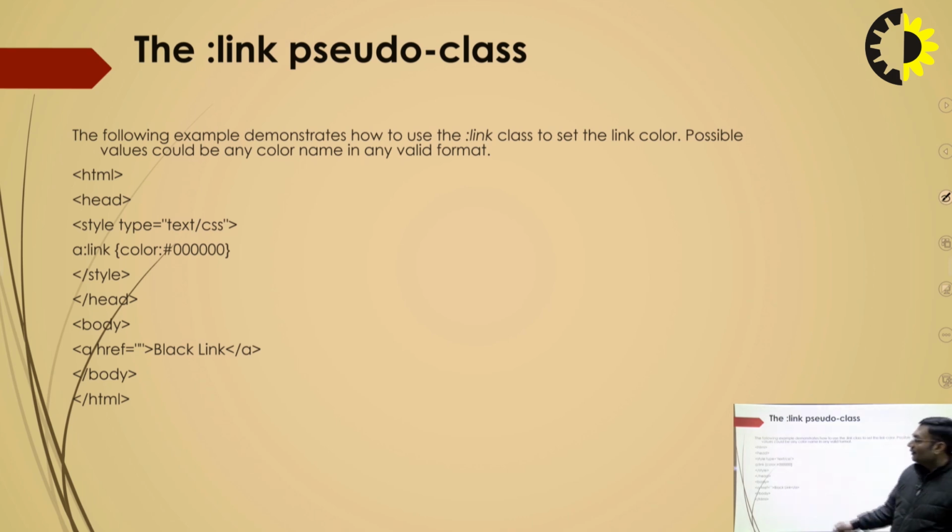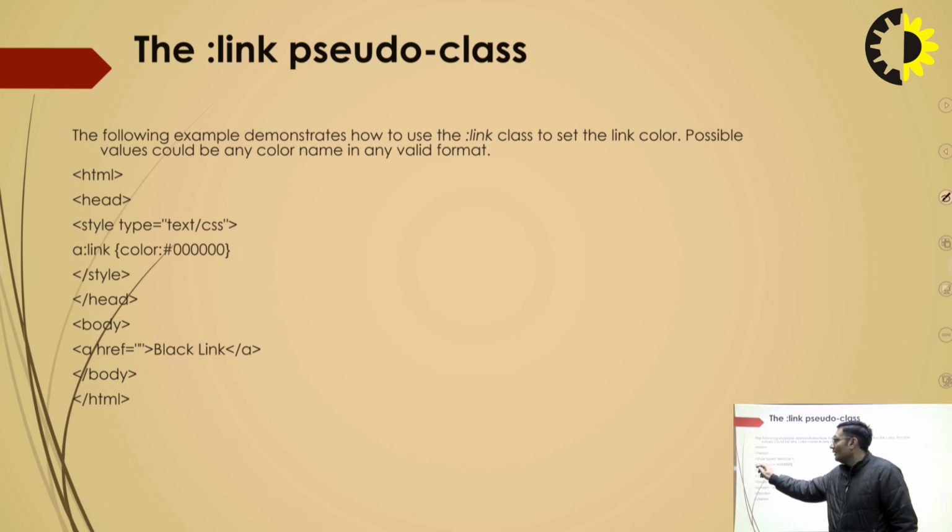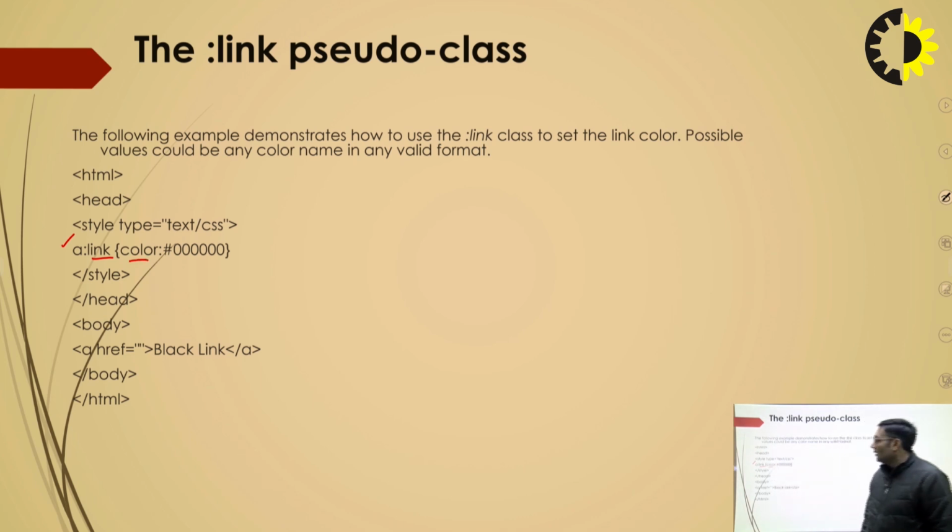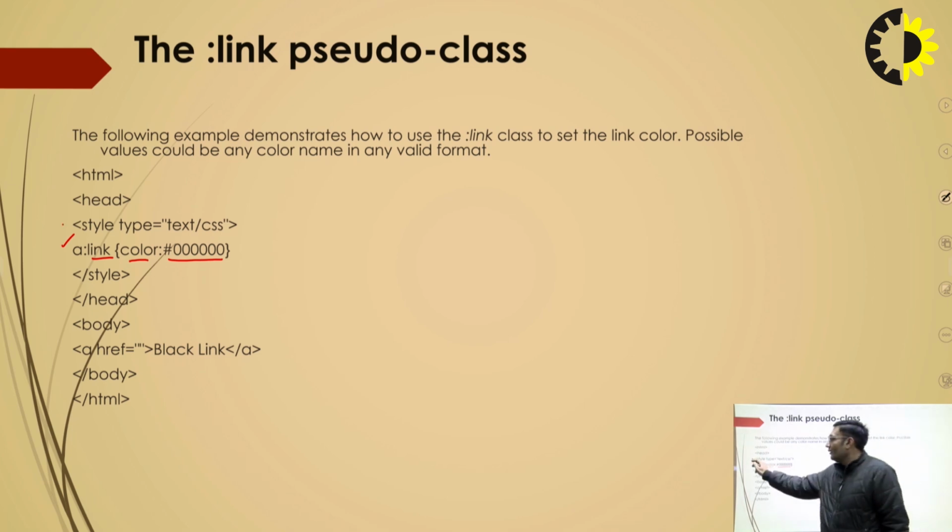In this example, I'm writing the selector a, colon link is my pseudo class, curly braces open. Then the property that we want to change, that is color, and the value, I'm just writing the hex value of that color code, and this style gets closed here.